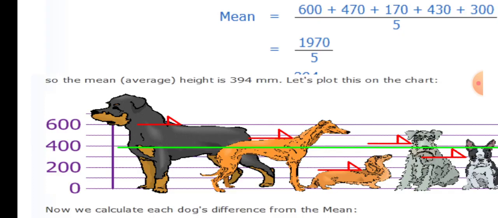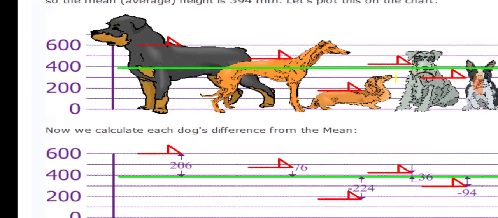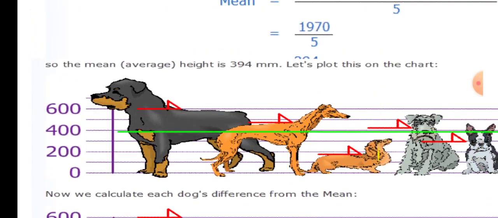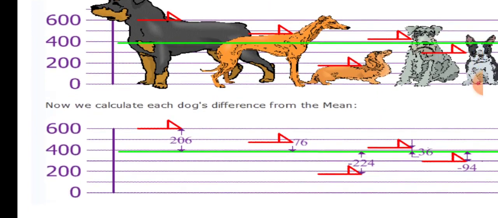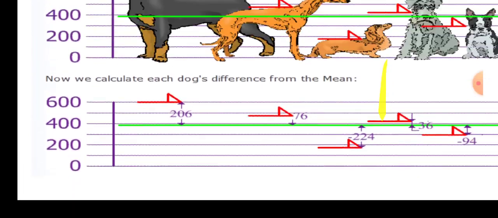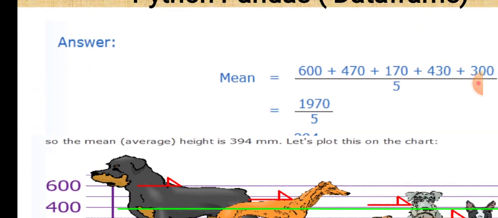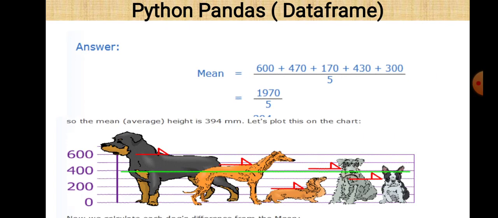The mean is 394 millimeters. But we have to calculate the standard deviation, and till now we just calculated the mean. So first the mean is calculated, and the mean here is 394, and after that the variance should be calculated.